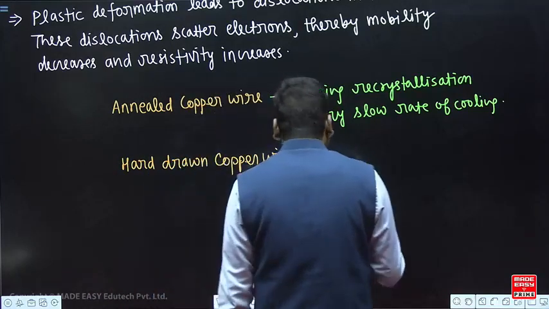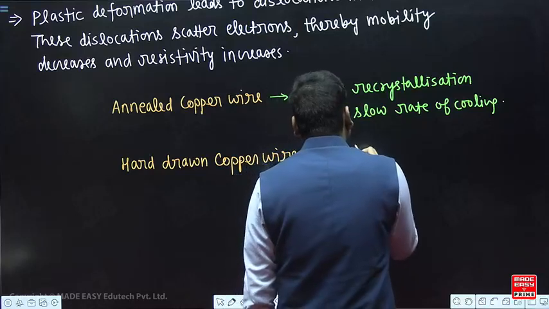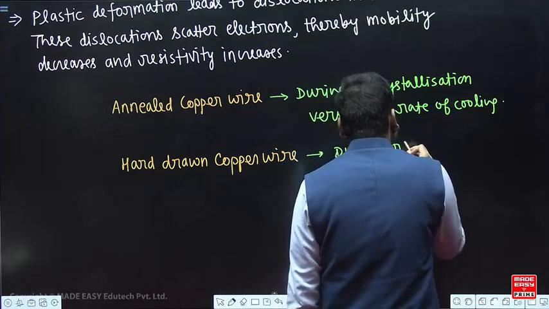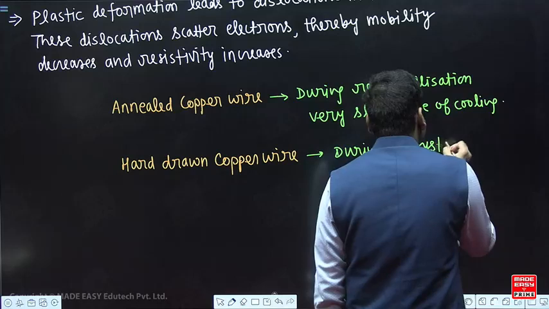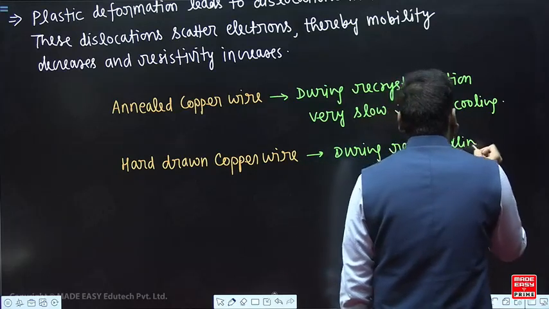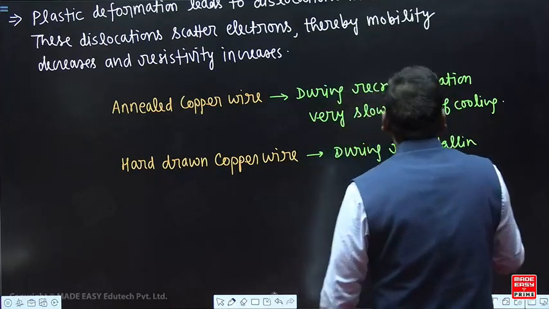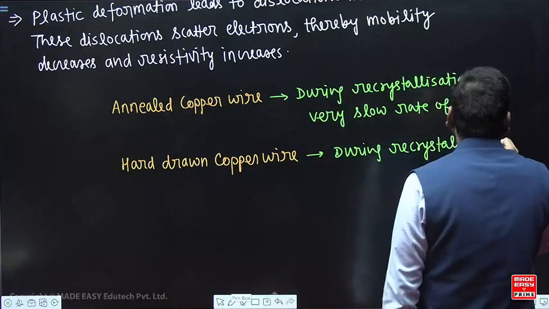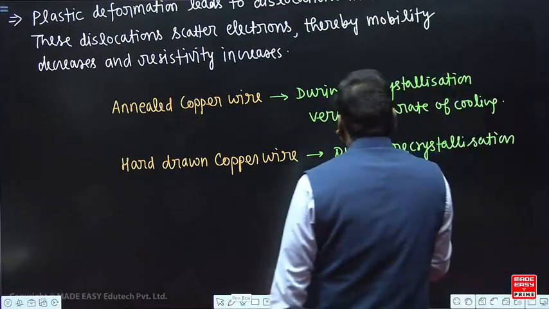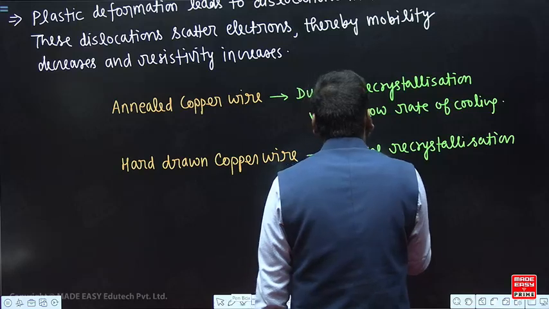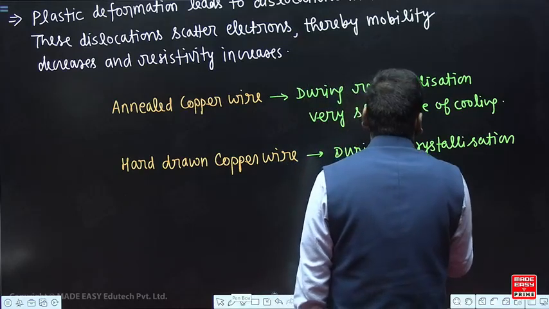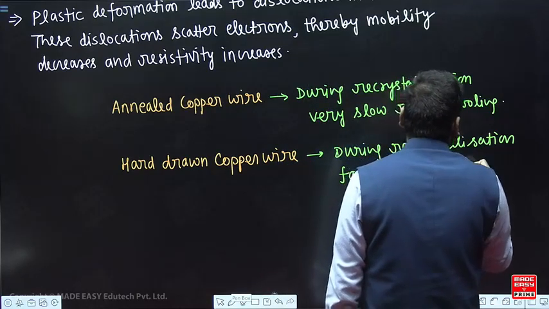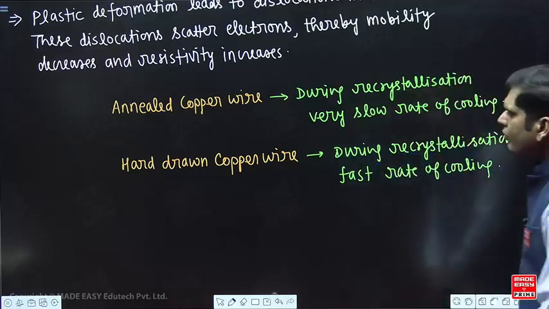Hard drawn copper wire, during recrystallization, has a fast rate of cooling. Basically the process is known as quenching.